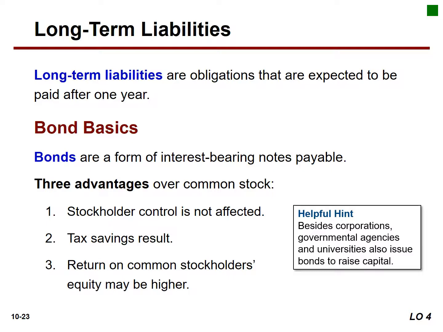The principal amount of the bond has to be repaid to the bondholder, and then the interest payments have to be made over the bond term. So you have to repay that. Stocks, you don't have to repay the stockholders anything. You don't have to pay stockholders dividends. So that's one of the disadvantages.